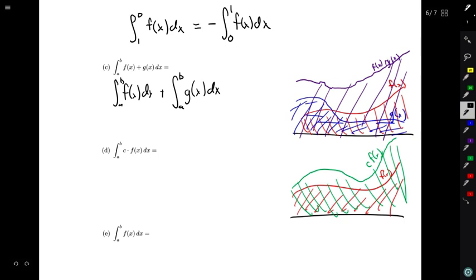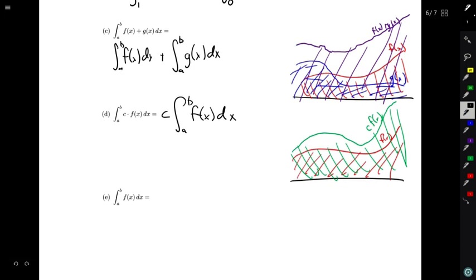So since this quantity represents the area under green, that's the integral of c times f of x, and we want to write that in terms of the area under red, which is, in this case, c times the integral from a to b of f of x dx.